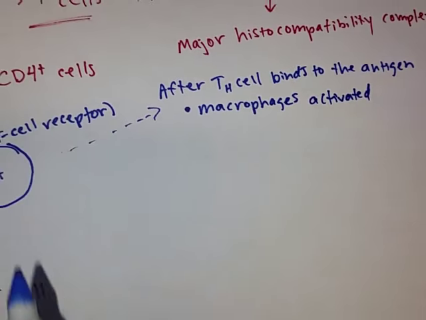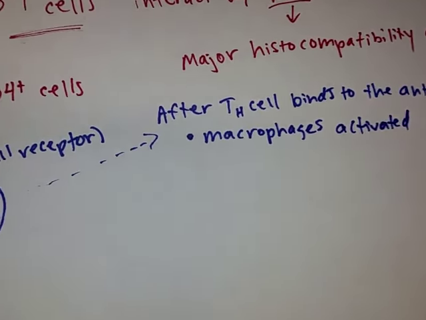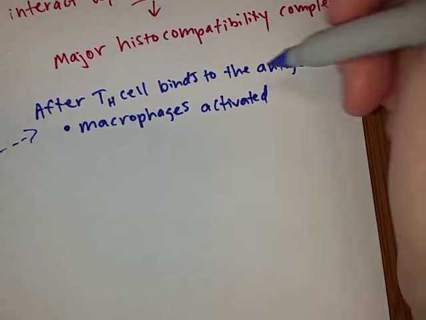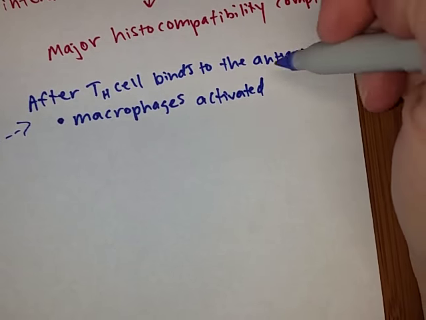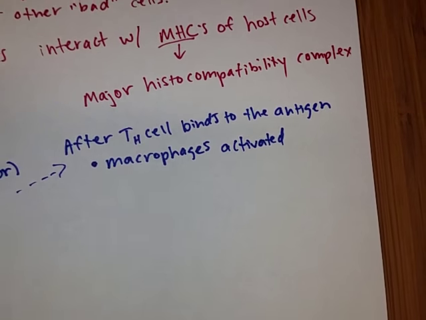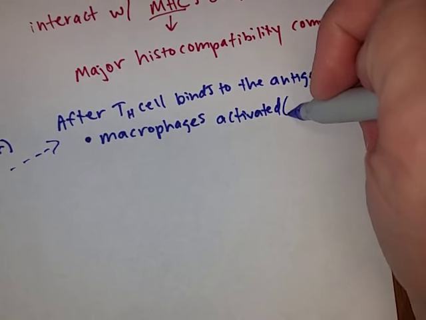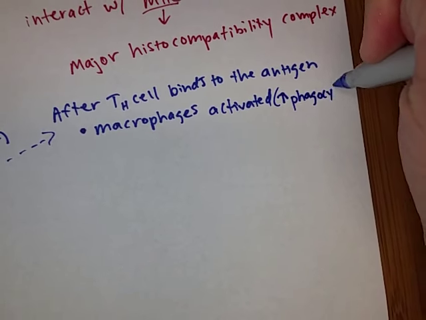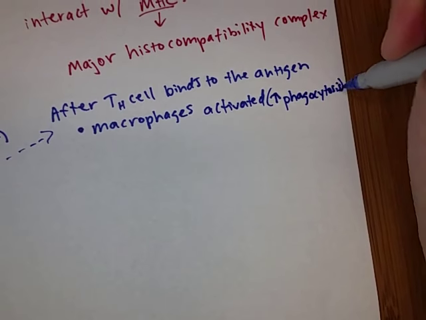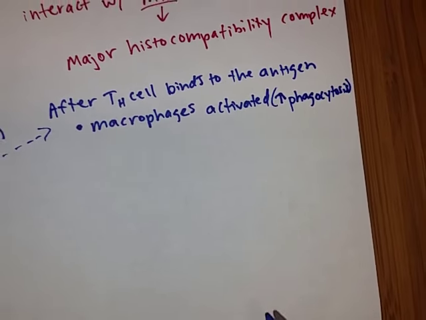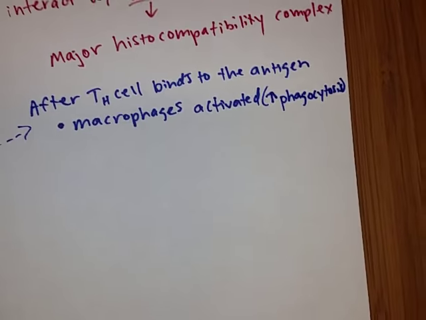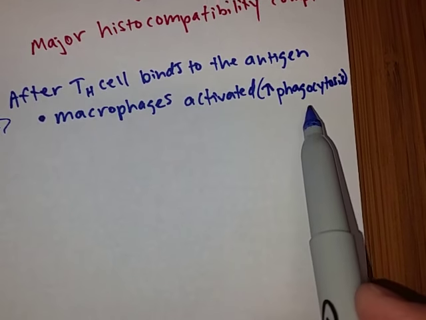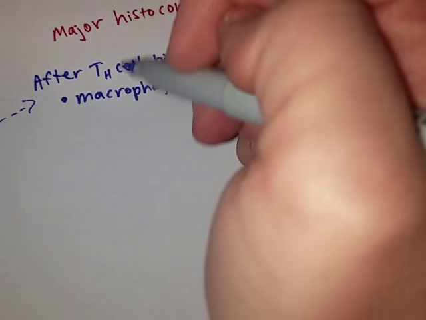The T helper cell releases different chemical signals to activate those macrophages. That's going to increase phagocytosis, right? Macrophages can phagocytose things. So any other bacteria or virus floating around will hopefully get phagocytosed.